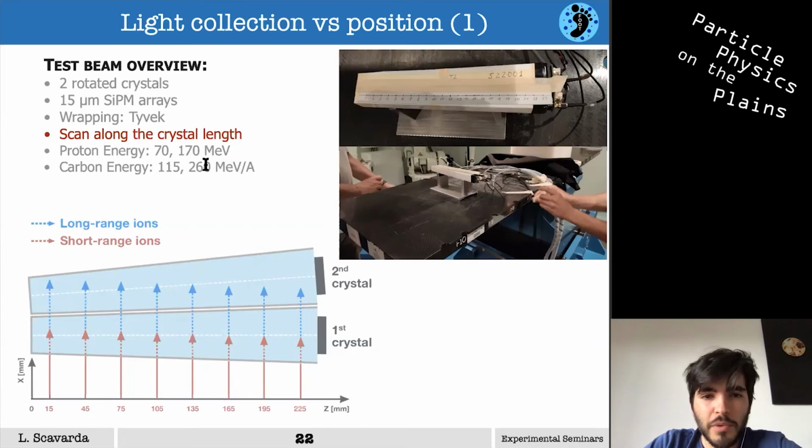With 170 MeV and 260 MeV per nucleon instead, the particle is inside the second crystal. For this case, we have summed up the light in the two crystals.